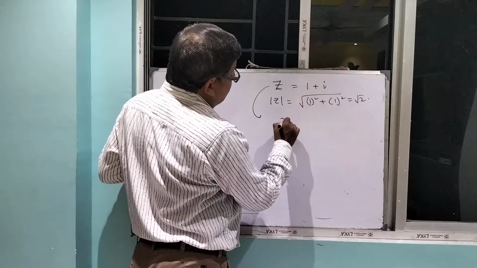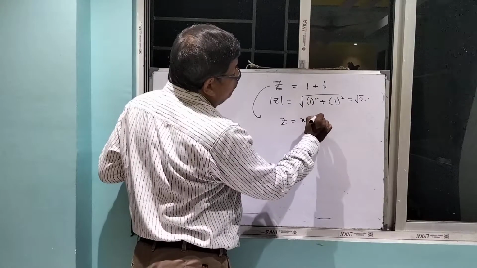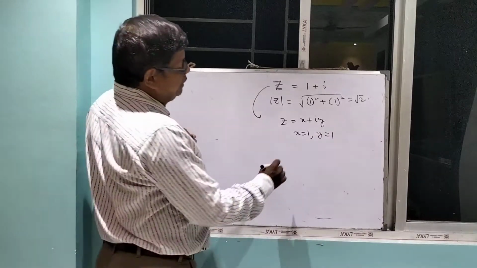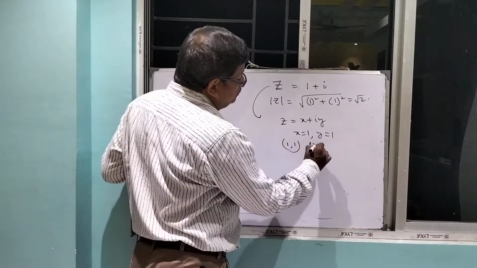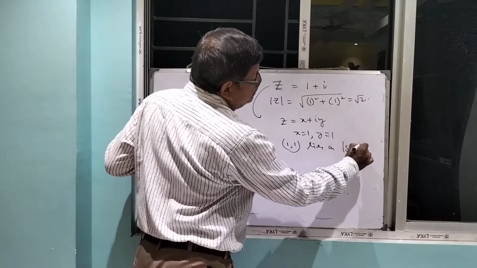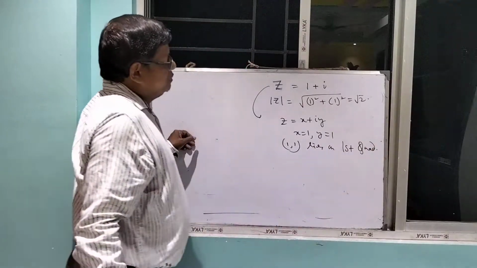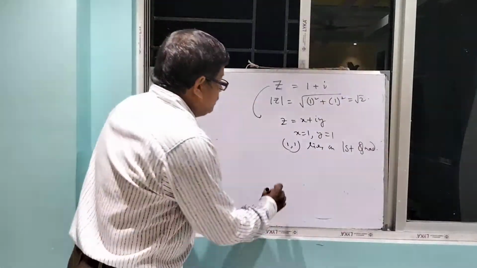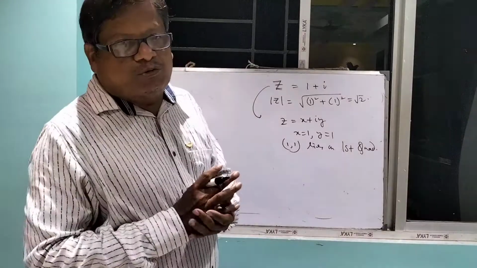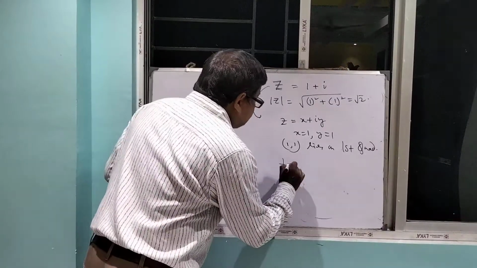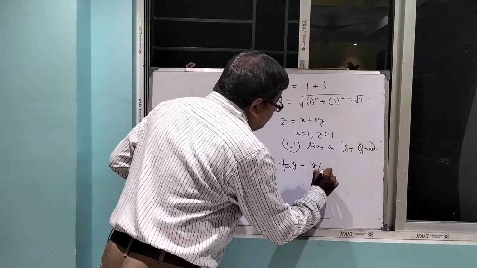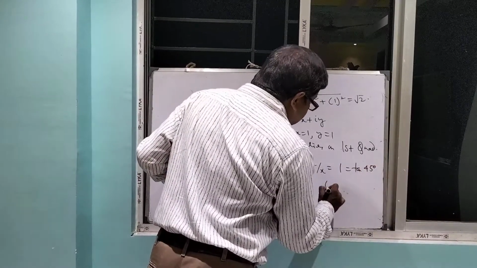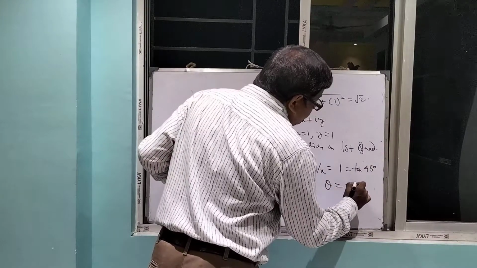If you consider z equal to x plus iy, then x equals 1, y equals 1, so the point 1, 1 lies in the first quadrant. Now if the principal value of the argument is theta, then tan theta equals y by x, so it is 1, which is tan 45 degree. Then theta will be pi by 4 or 45 degree.